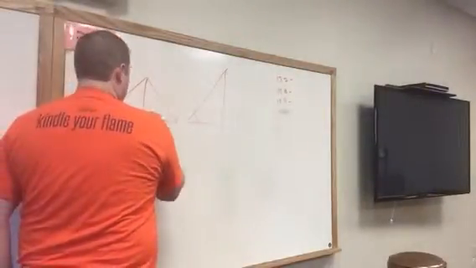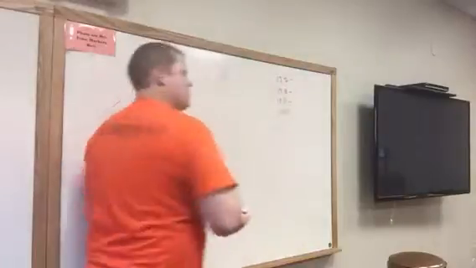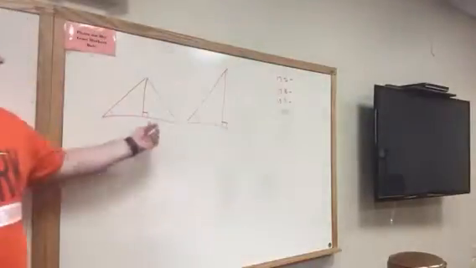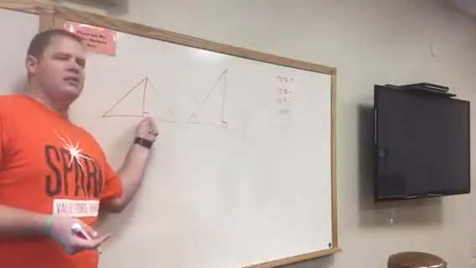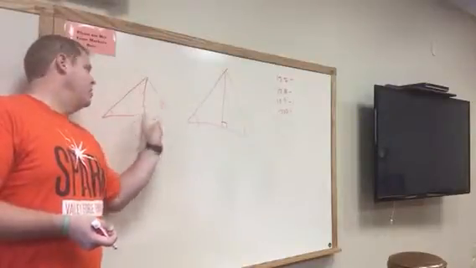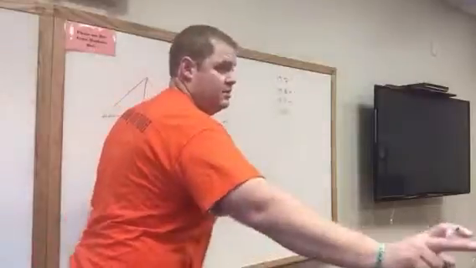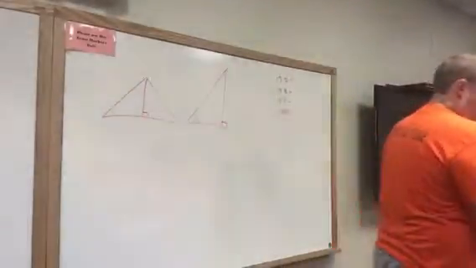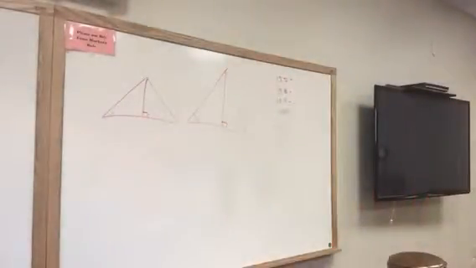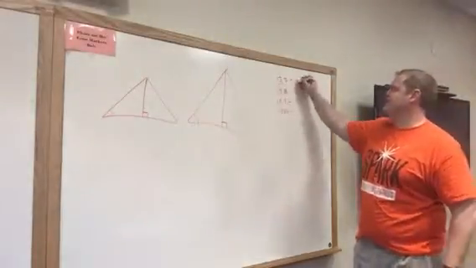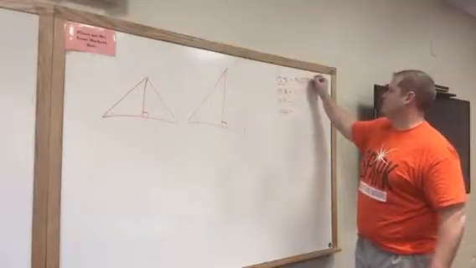Let's review. This triangle has a right angle. Now listen, when I draw that, what is this? An altitude, right? So if the triangles are similar, the altitudes are what? Proportional. So 13.7 says the altitudes are proportional.